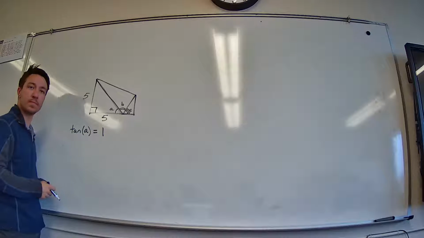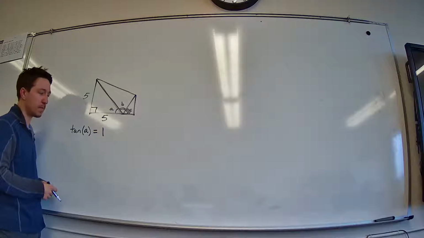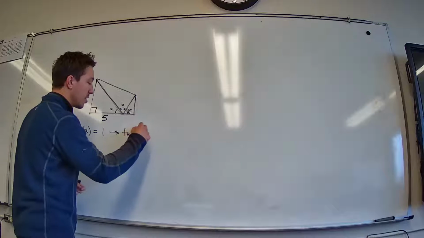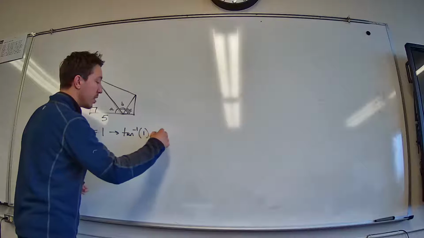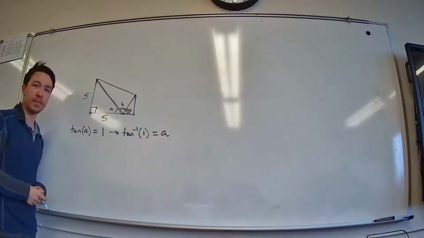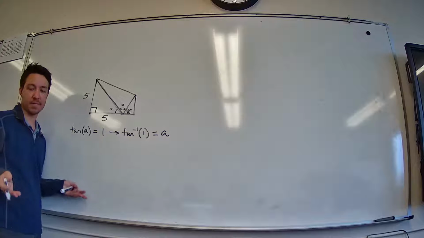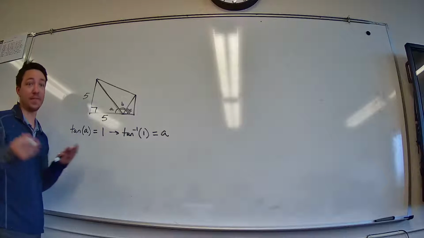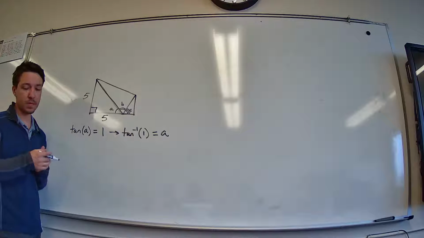One. Great. So I can then say inverse tangent of one. The inverse tangent of 1 tells me what angle A would be. Now, it's not shocking that that angle is 45 degrees. We know that. Right? Pi over 4 radians.